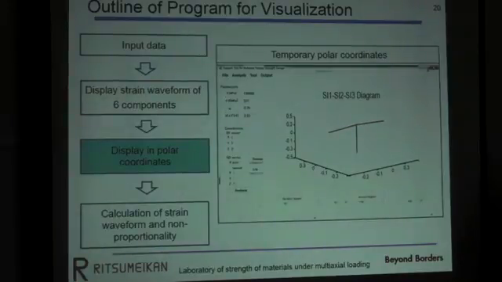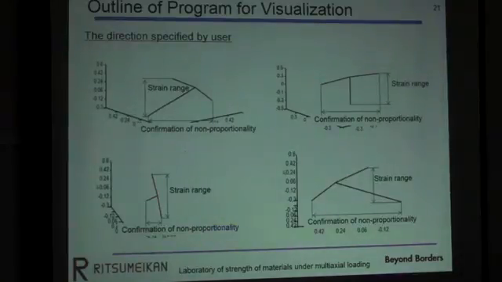However, you can also choose the reference axis. This picture is not clear, but we drag this picture and we can rotate it. So we can change the direction of view and find some critical view as you like. For example, this is the same stress strain path.